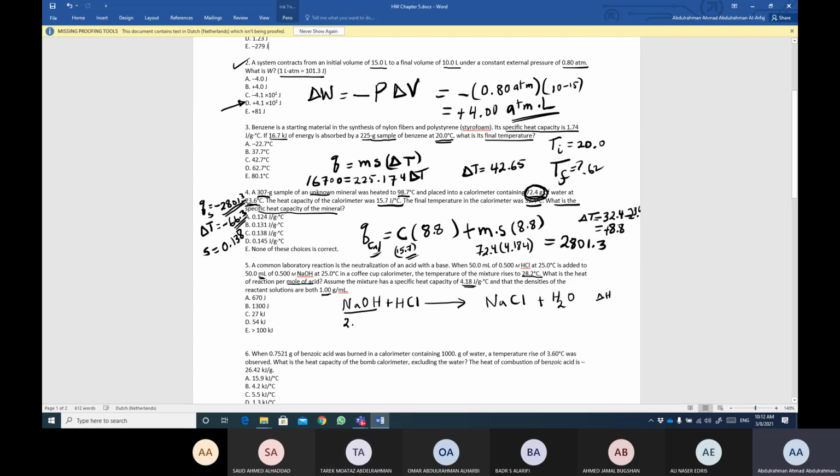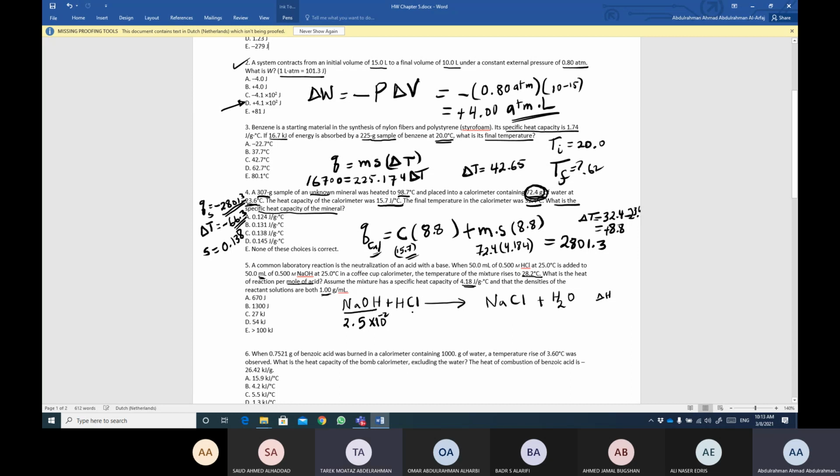So it's 2.5 times what? 10 to the power minus 2. Yes, 2.5 times 10 to the power minus 2. Exactly.